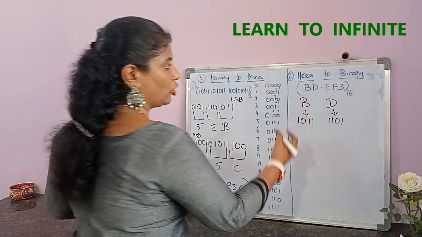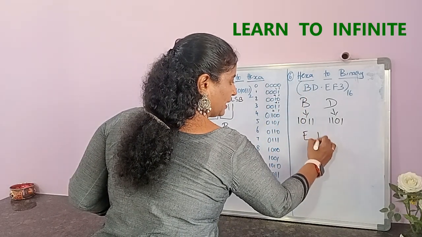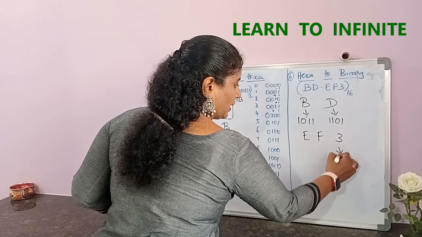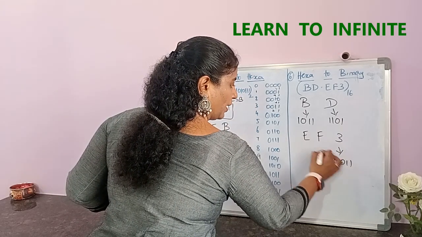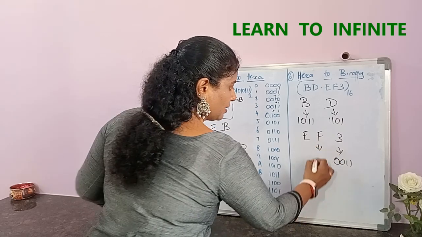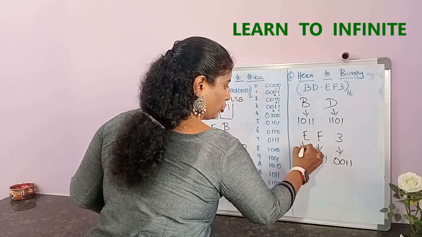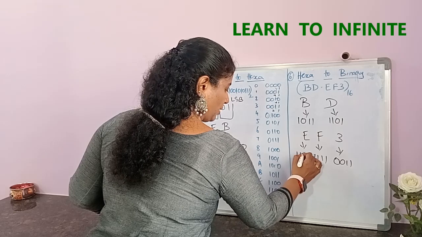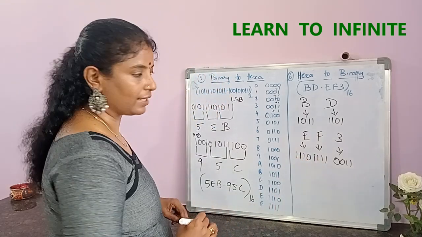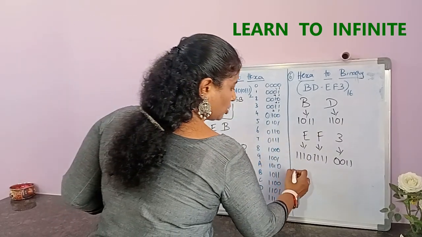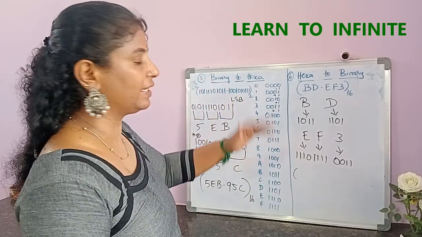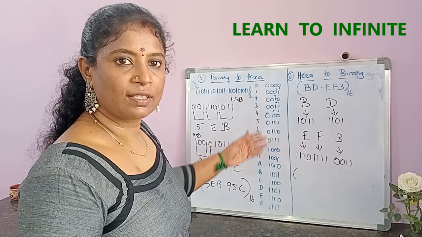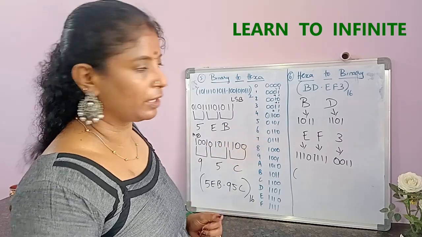Correct? Now moving on to the fractional part, it is EF3. So the corresponding binary number for 3 is 0 0 1 1, for F it is 1 1 1 1, and for E it is 1 1 1 0. Correct? So writing the answer, you have to be very careful, because many students will solve it correctly, but when writing you miss a 1 0 or 1 1, and definitely your answer is going to be wrong.